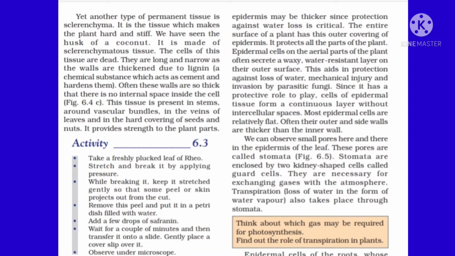It also protects the plant from mechanical injury and from invasion by any parasitic fungus. It doesn't allow any fungus to enter, and it also provides mechanical strength, so that in small winds or the heat of the sun, it does not get damaged because of this protective layer.